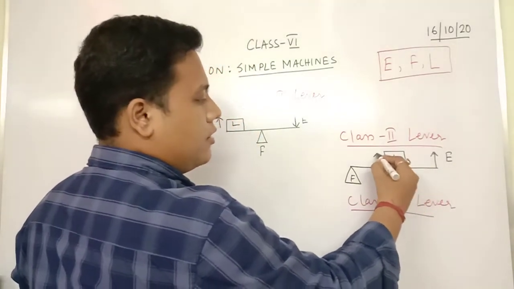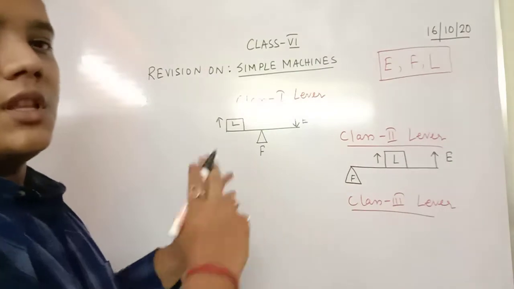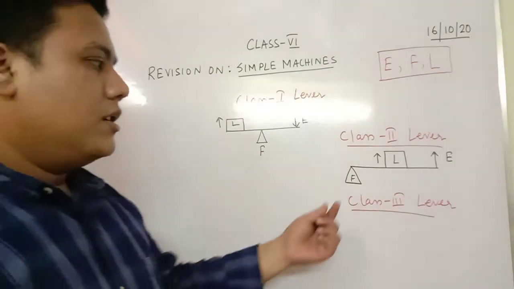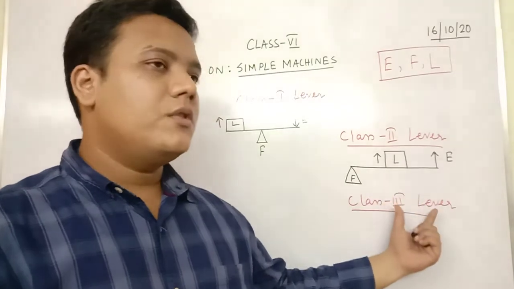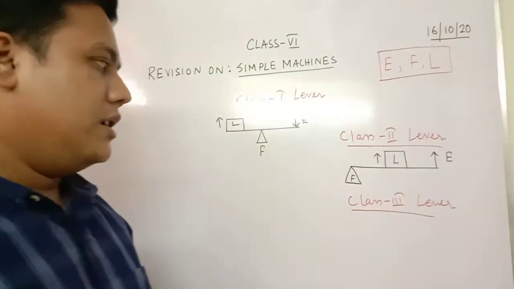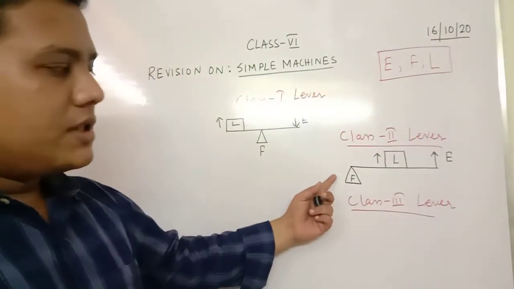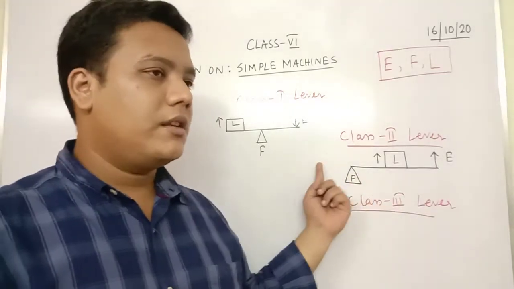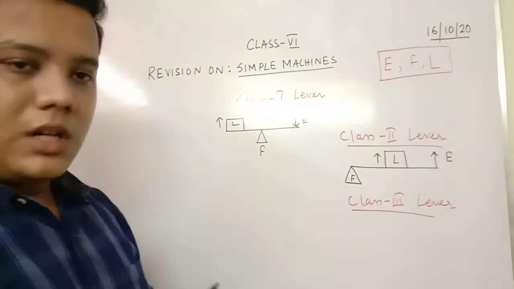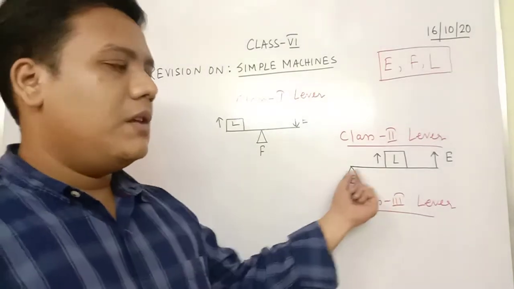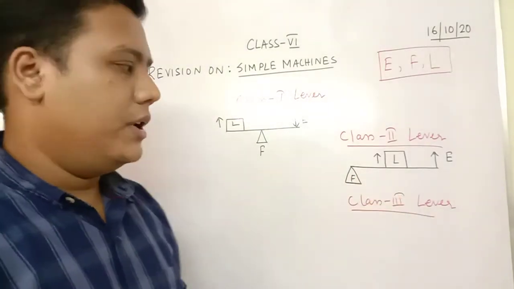And here load and effort both move in the same direction. In a class 2 lever, the fulcrum and effort are the two extreme points, and the load will be in between them. Not necessarily in the middle, but it can lie at any point between them.